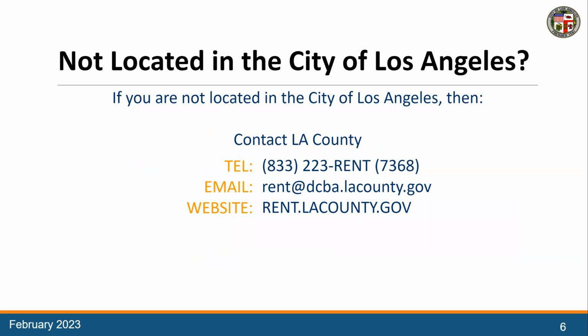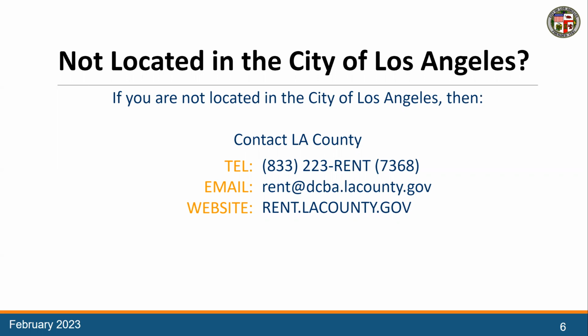If the rental unit is not in the City of Los Angeles, then we recommend that you contact the County of Los Angeles. The county can be reached via their telephone number, which is area code 833-223-7368.